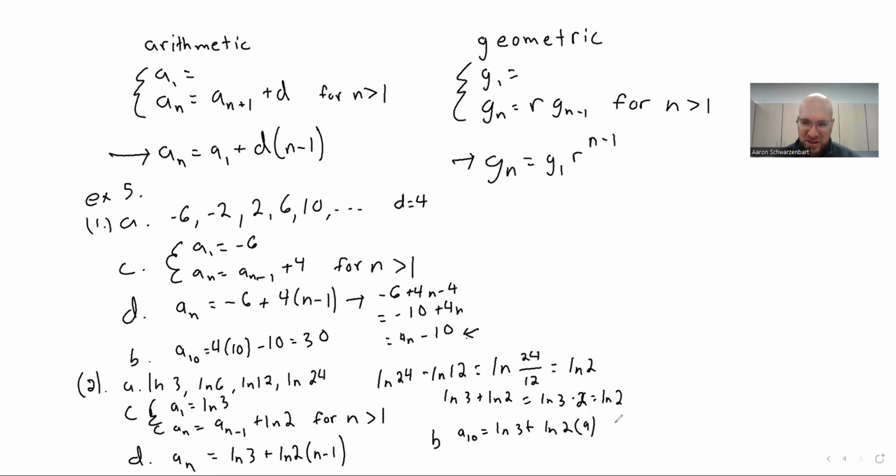I would often write this as ln3 plus 9 ln2. ln2 to the ninth. 2 to the ninth is 512. So ln3 times 512, which is ln of 1,536.